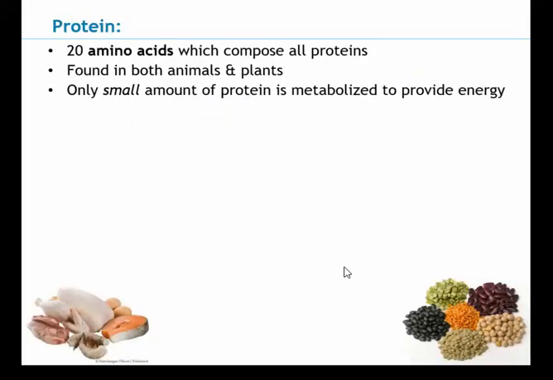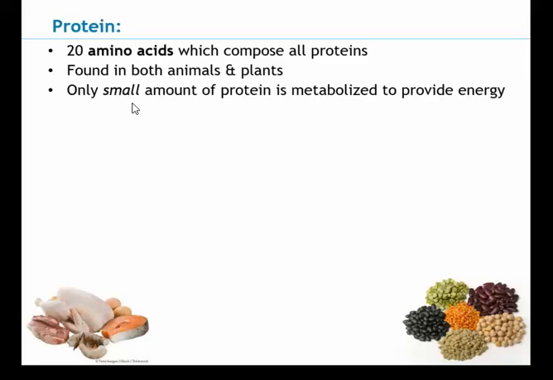All right, let's move on to protein. So 20 amino acids compose all proteins that we consume, all proteins in the body. So we know protein is found in animals and then also found in plants. Only a small amount of protein is metabolized for energy. So we only use a very little bit of it. So if we don't use it for energy, there are some other roles that protein has.